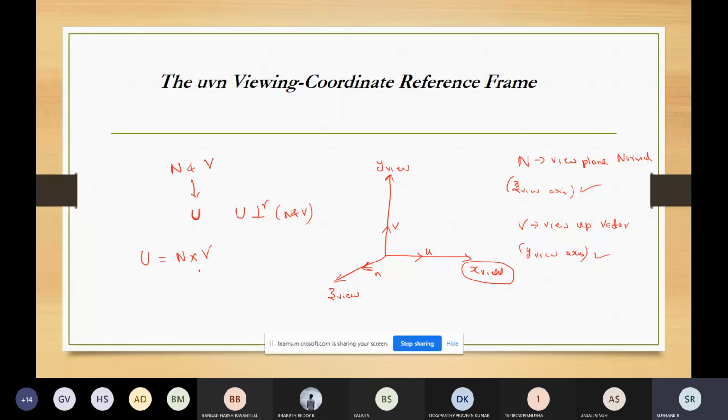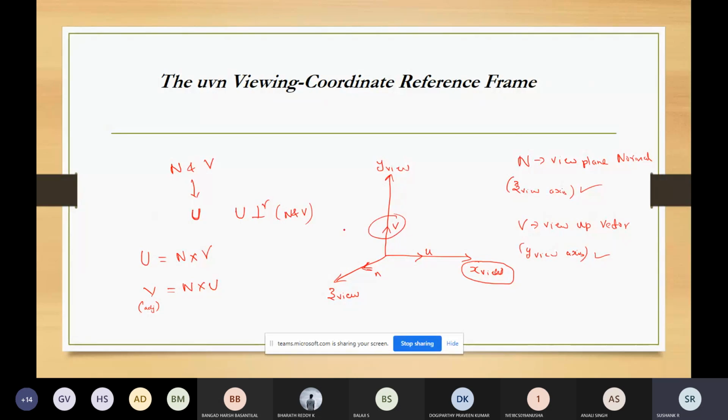You can obtain U by taking the cross product of V and N, and also if we take the cross product of N and U, we will get V. So this is the adjusted value for V. Here V is also perpendicular to both N and U, so V will be along the y view axis.